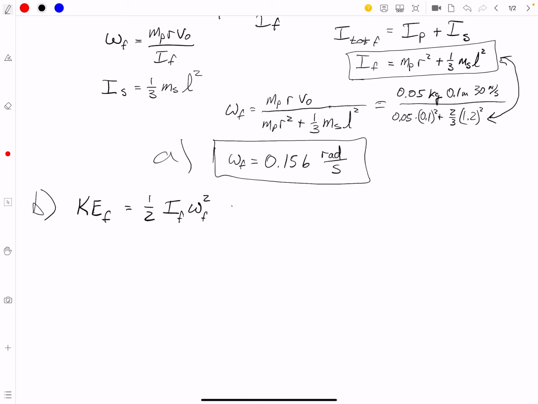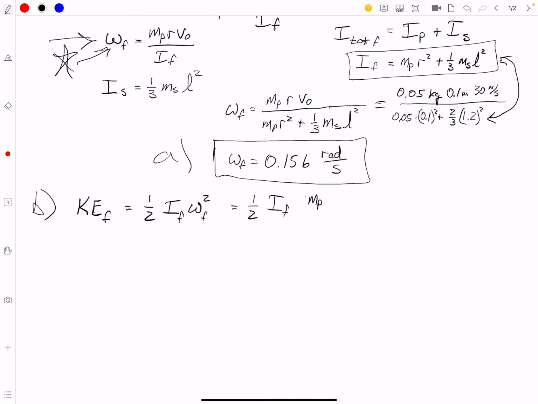So we'll 1/2. You want to see the math on this? Let's do it. Here we go. We have I final, and I'm taking this equation right up here. Let's star it. That guy. I'm going to square it.